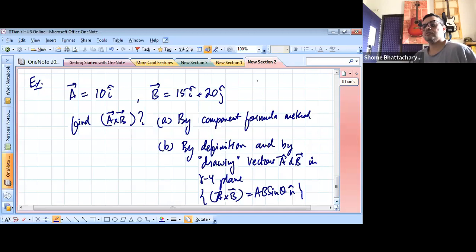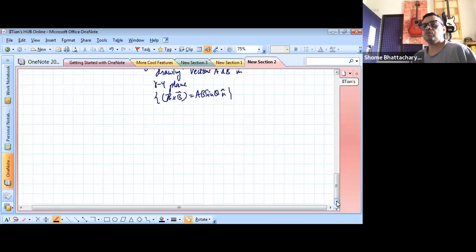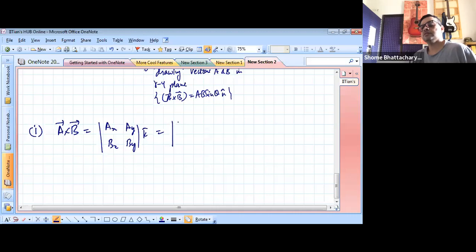Okay, so the thing is very simple. If we are doing this by the component method, we can do one of two things. One is we can recall the two-dimensional formula. So that is ax, ay, bx, by, k cap. So just substitute the components. So it is 10, 0, 15, 20 k cap.